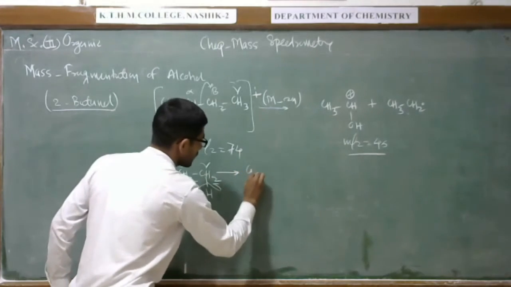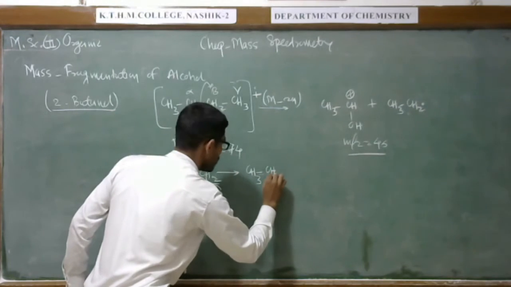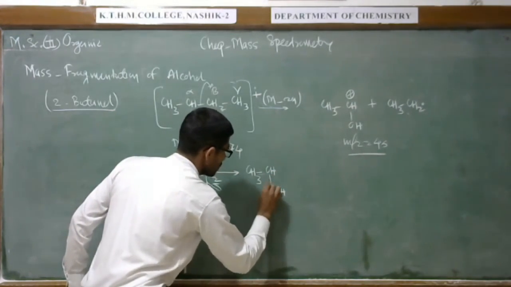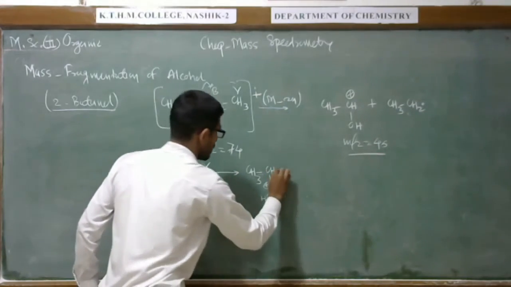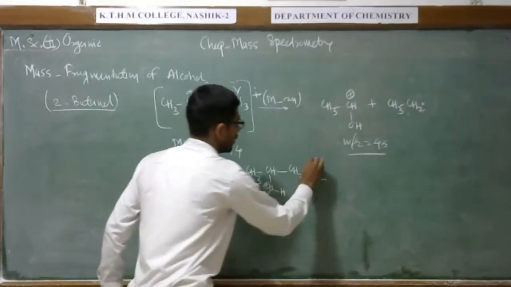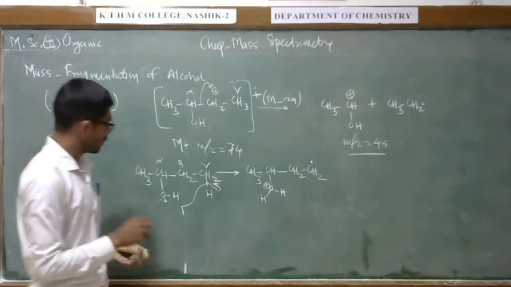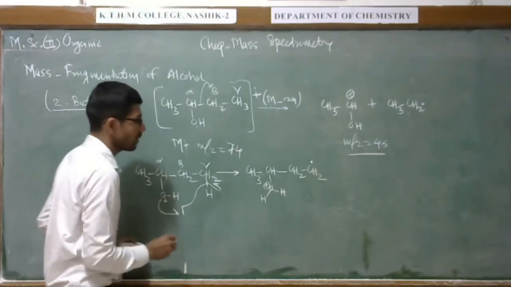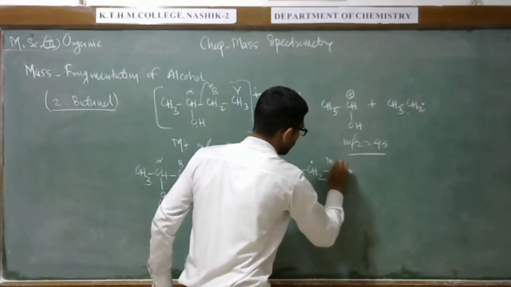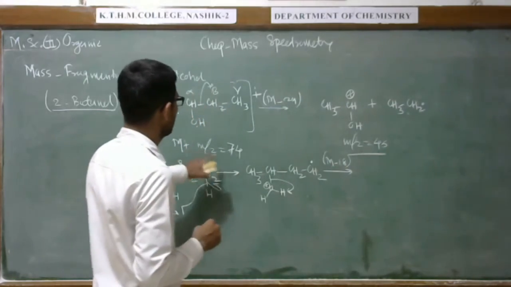So because of that, CH3, CH, this becomes OH2. Also here CH2 and CH2 radical. One electron forms the bond with this oxygen, and because of that, this loses the water molecule. Loss of 18 from the molecular ion peak 74.